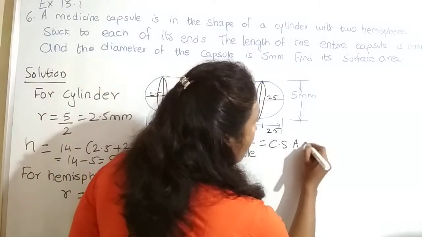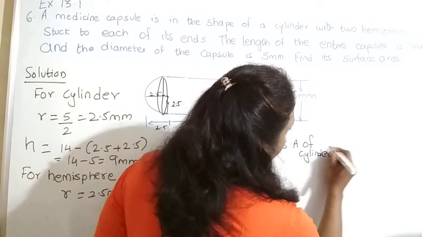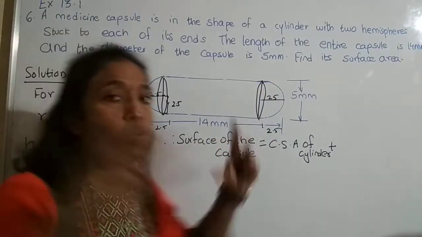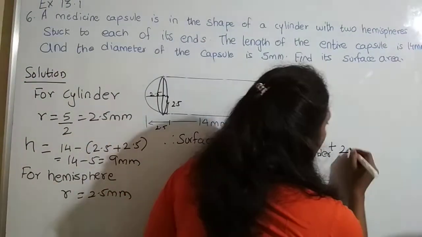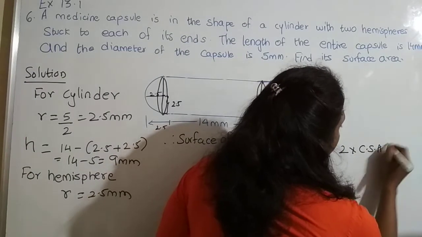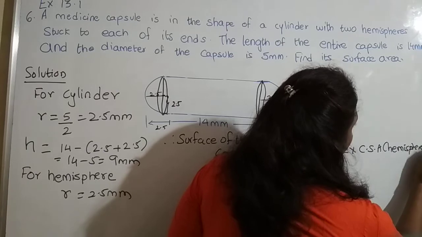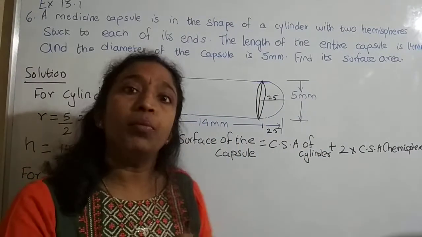So the CSA of the cylinder plus the CSA of the two hemispheres. Now two hemispheres, when we join them, actually become a sphere. So we can just write 2 into the CSA of the hemisphere. We can write it together because we can take common, because the radius is the same in both the cases.